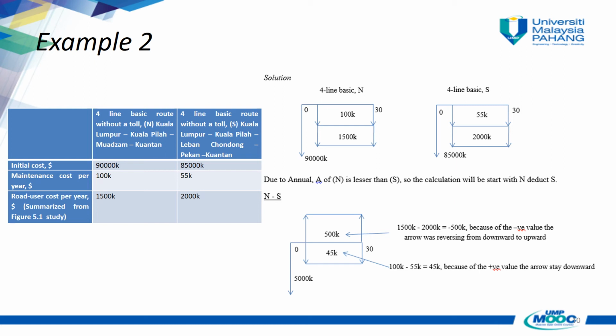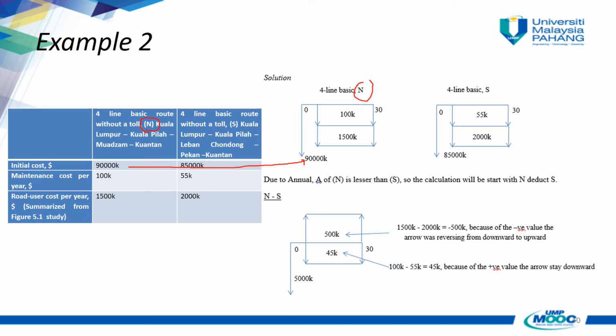We have the 4-lane basic road for Kuala Lumpur, Kuala Pilah, Muazzam, and Kuantan. We call this the N route. The initial cost will become 90,000 K, which is the present value today.